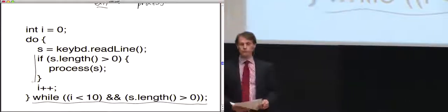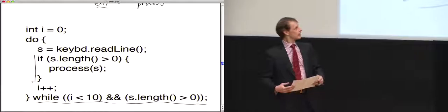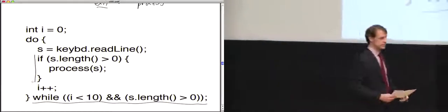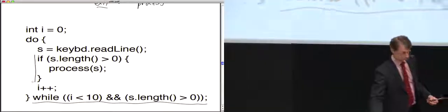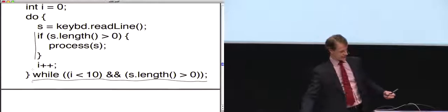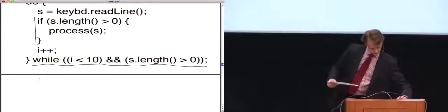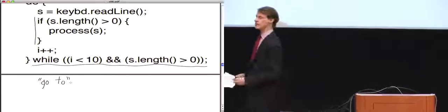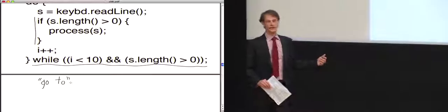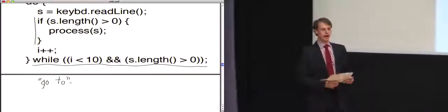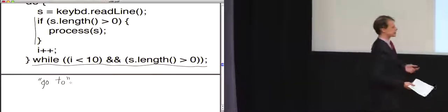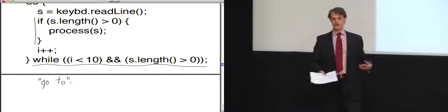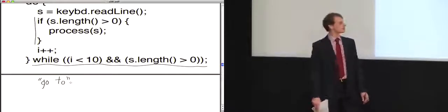The reason why there are some anti-break zealots like that dates back to what are called goto statements in some languages like Fortran and BASIC and even C. There are computer languages that have a goto statement that allow you to jump from almost any place in your program to almost any other place in your program. And these were very common in early computing languages. And of course, they're necessary in the machine code that CPUs run.